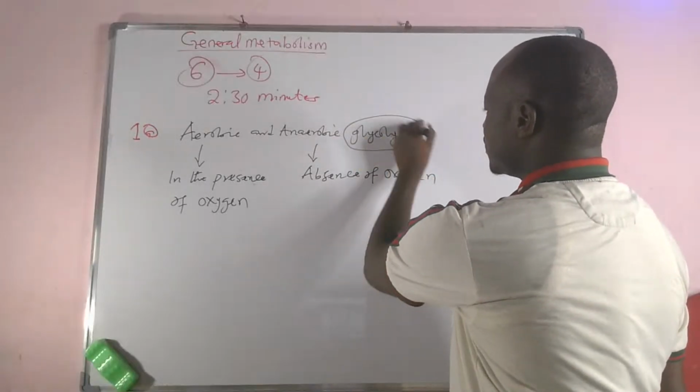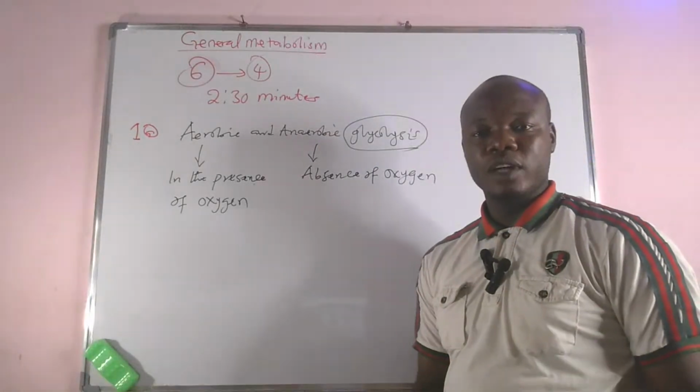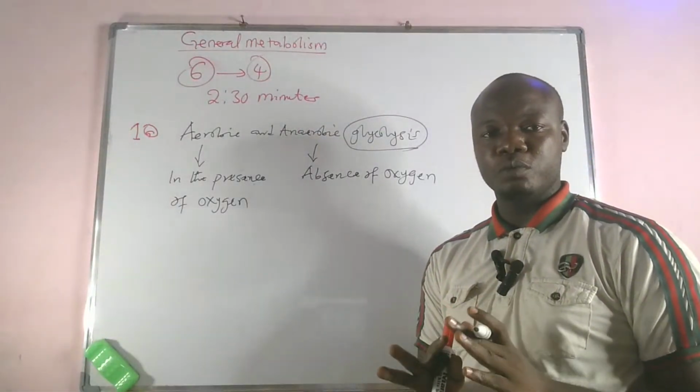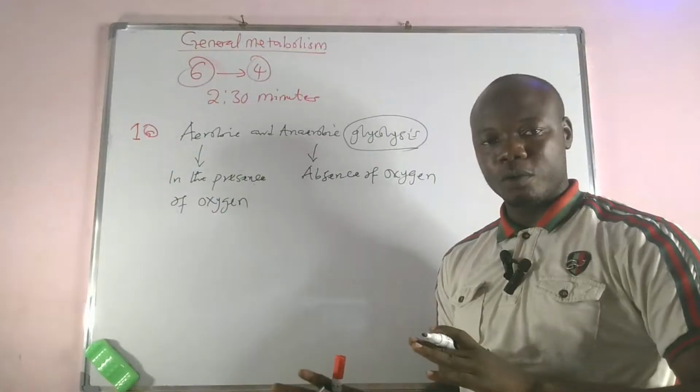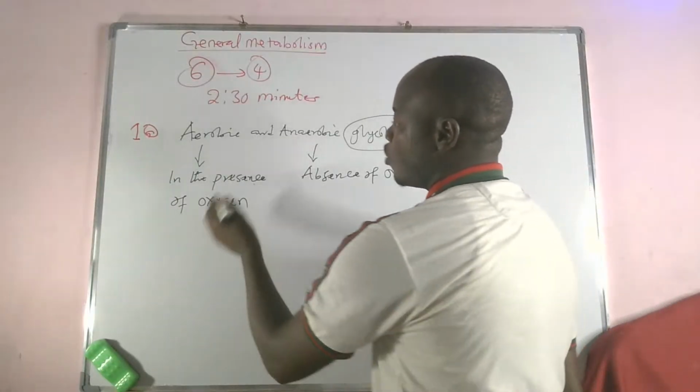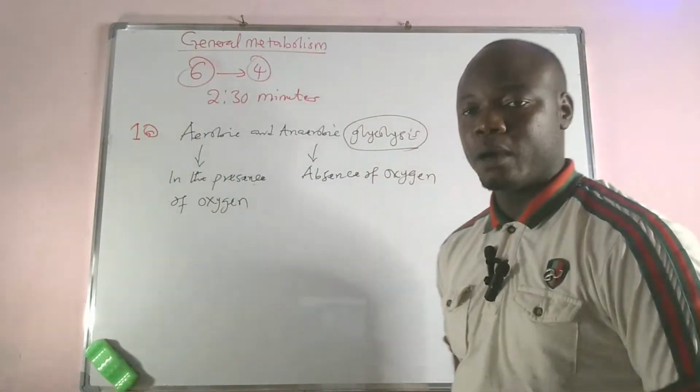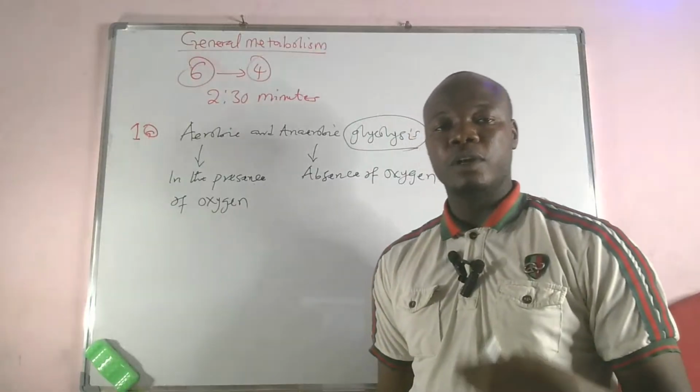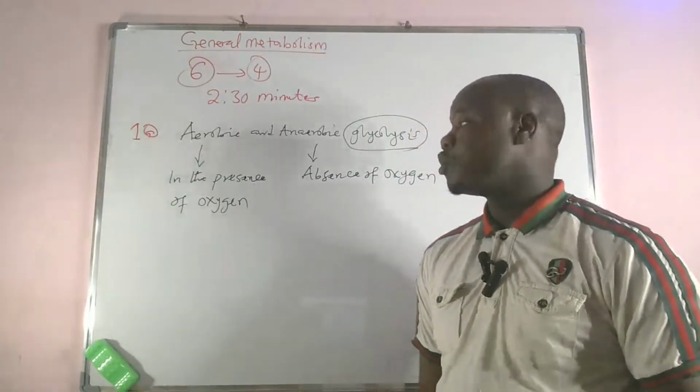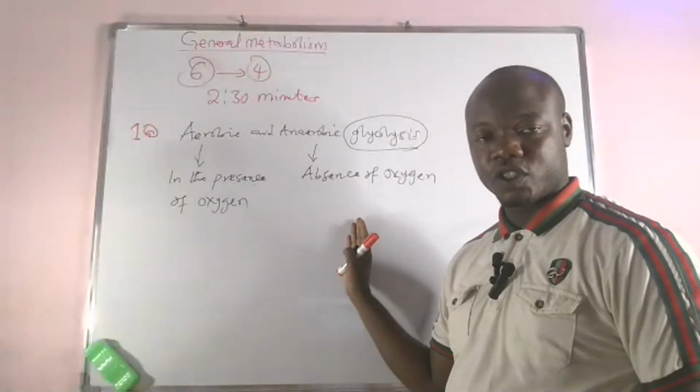So of course, what is glycolysis? I think the simplest way to differentiate is that glycolysis is the process whereby glucose is broken down to produce pyruvate.